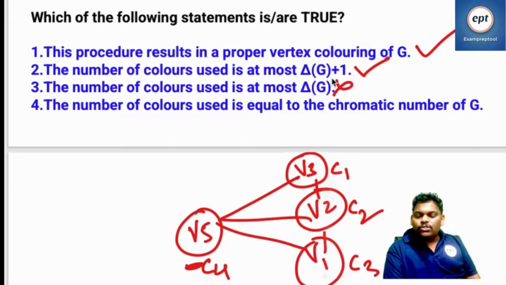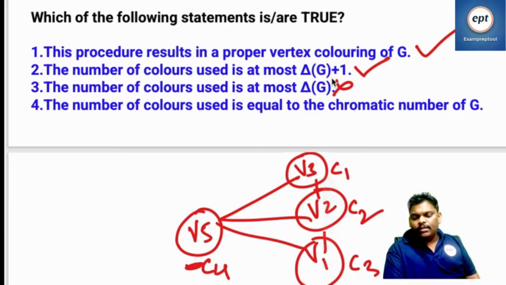The number of colors used is equal to the chromatic number of G. No, I cannot give a guarantee, because chromatic number is the minimum number of colors. It may go more than the chromatic number.